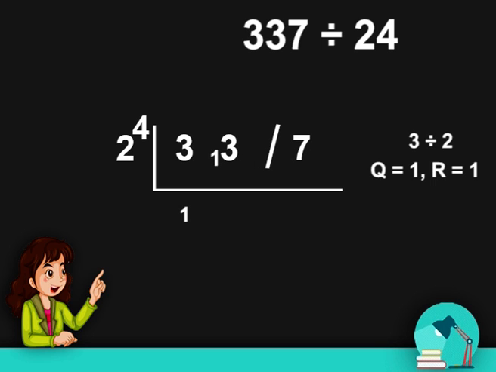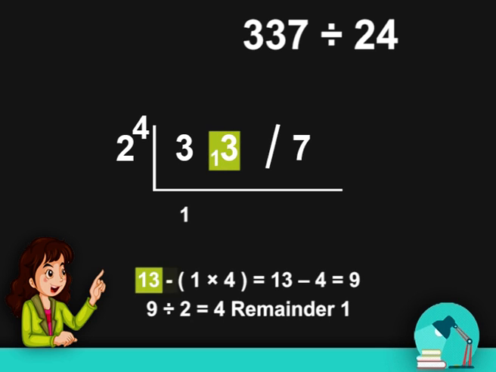The second dividend number is now 13. From 13, subtract the first quotient digit 1 multiplied by the flag digit 4 and divide the answer by 2. 4 is the next quotient digit and remainder 1 is written just before 7, making it 17.